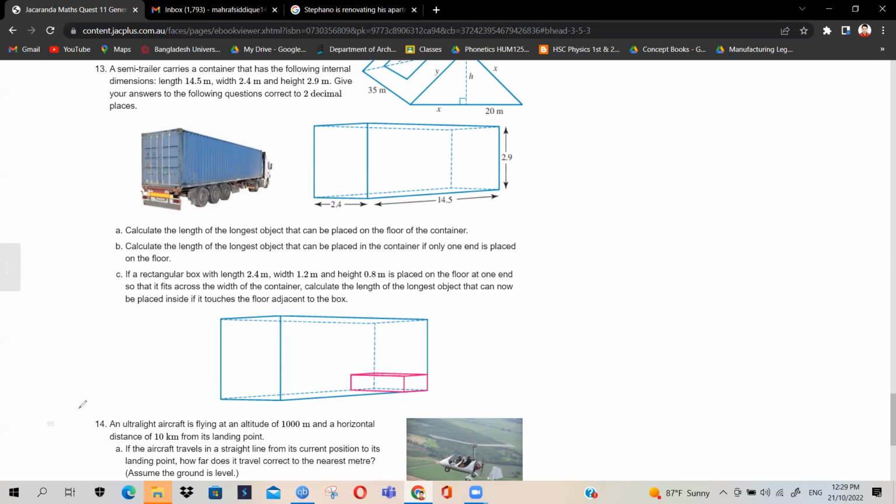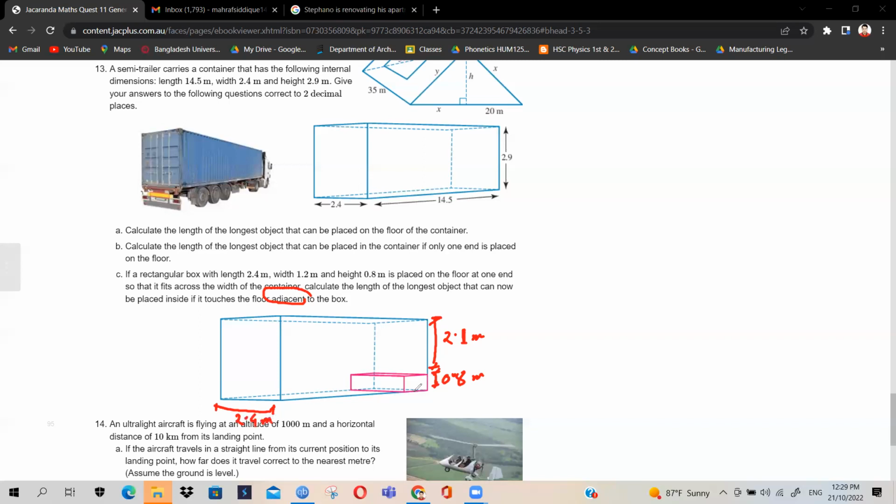Let me write down the dimensions first, it would be easier for us. So this is 2.4. I'm sorry, this is 0.8. Obviously this is 2.4, and also this side would be 2.4 based on that design of the box, 2.4 meters.